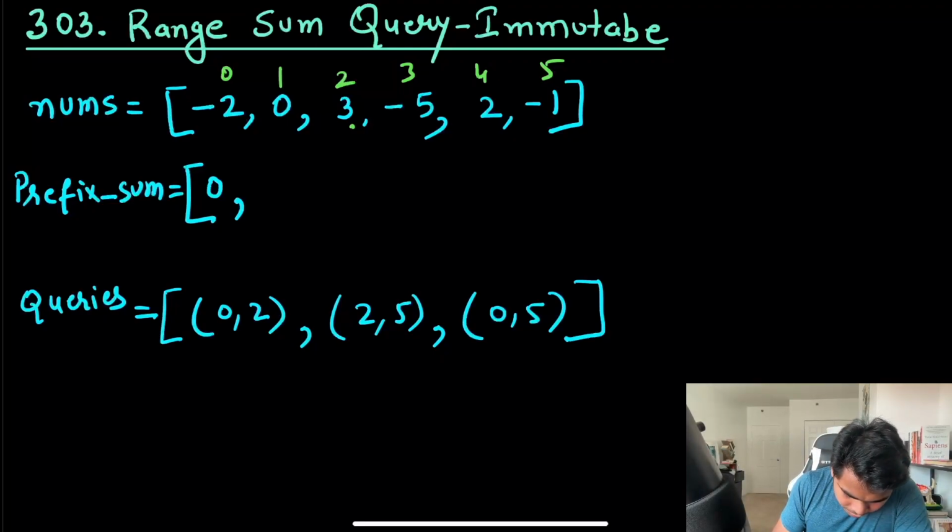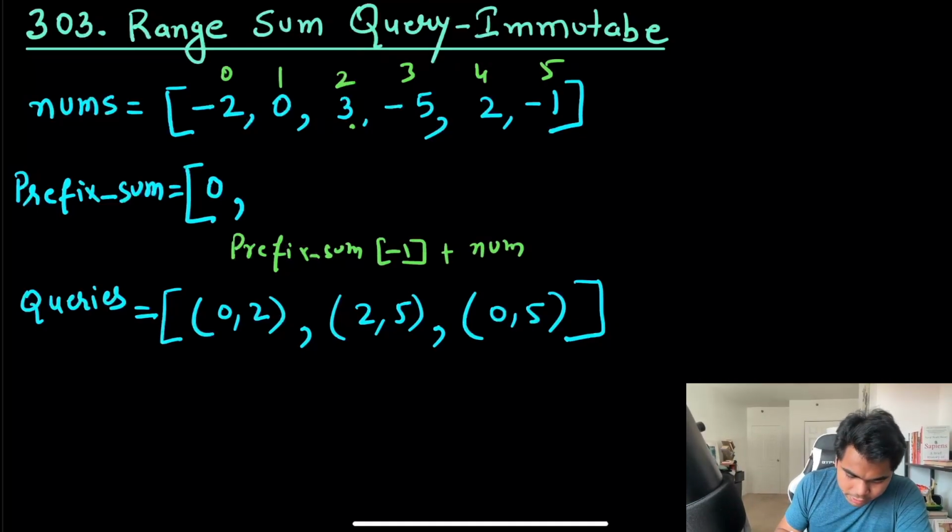Now for each sum, I will add it to the sum that I have seen so far. So the algorithm that I'm calculating is prefix sum at the previous index, here 0, plus the current num. This is what I'm using to calculate this prefix sum.